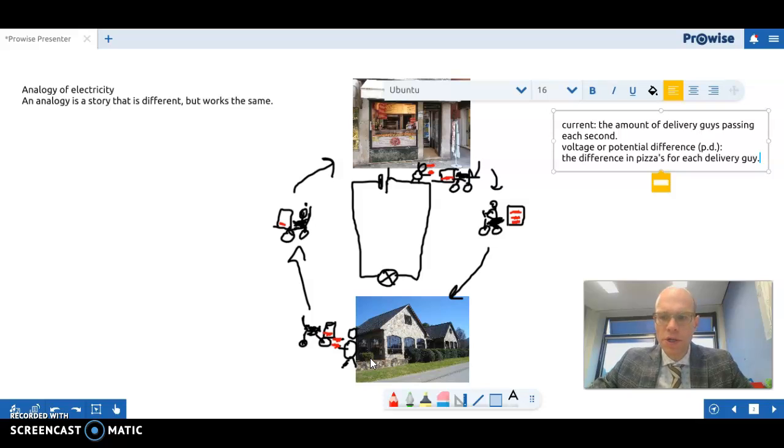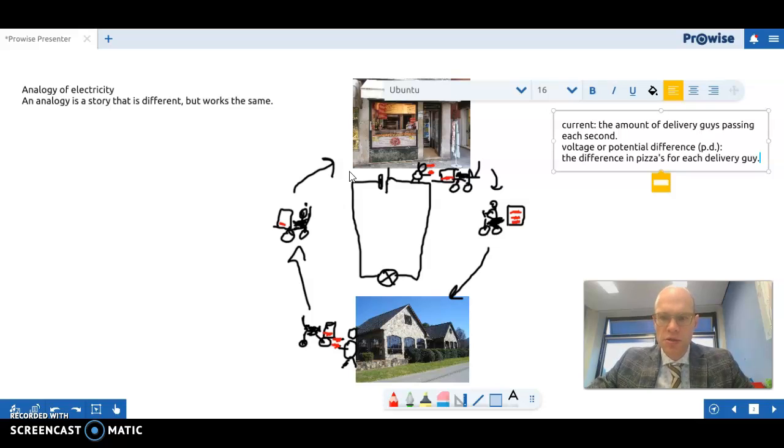Okay, guys, what do you need to do? You need to think of an analogy in teams during class, like I did. You need to draw it on a big whiteboard, and I'm going to provide the whiteboard, and I'm going to provide the whiteboard markers and wipers, so no worries about that.